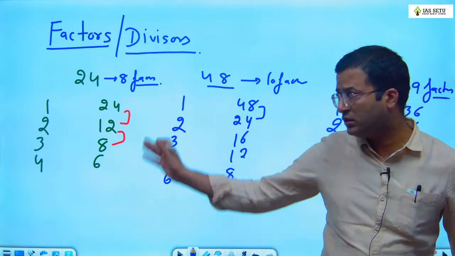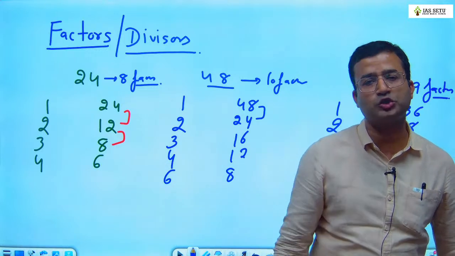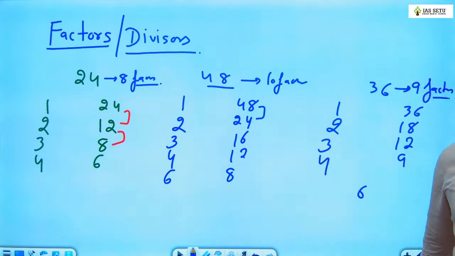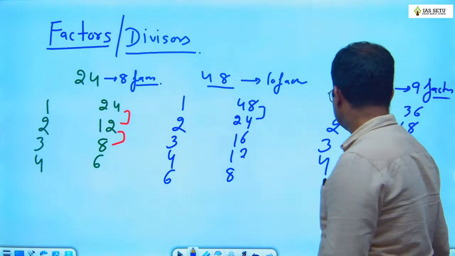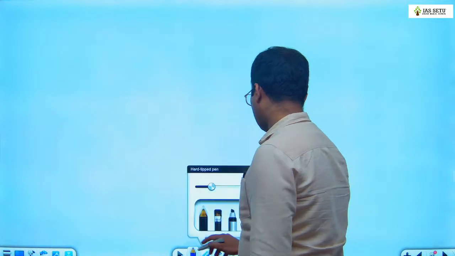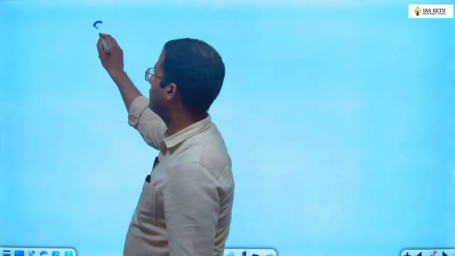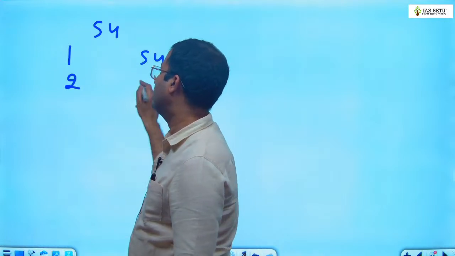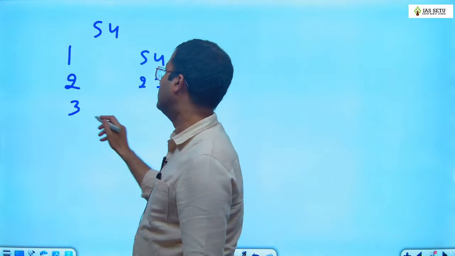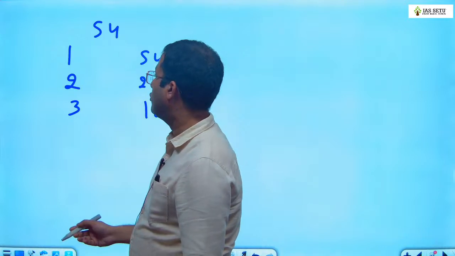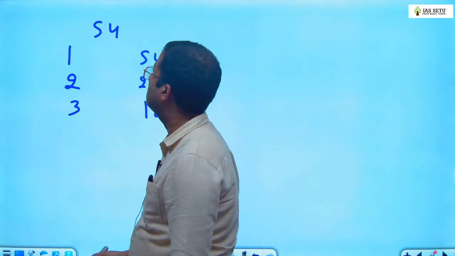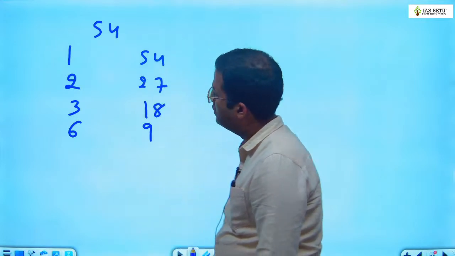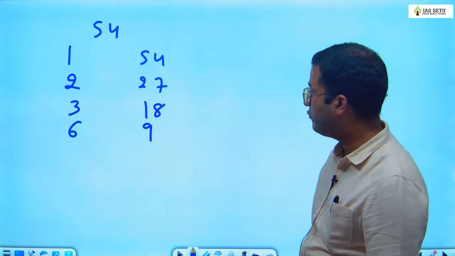My concern is not number of factors. For that, I give you a shortcut later. Now here I have taken 3 examples in front of you. I can take one more. 54. 1 makes pair with 54, 2 with 27, 3 with 18, 4 से होगा नहीं, 54 has 8 factors.